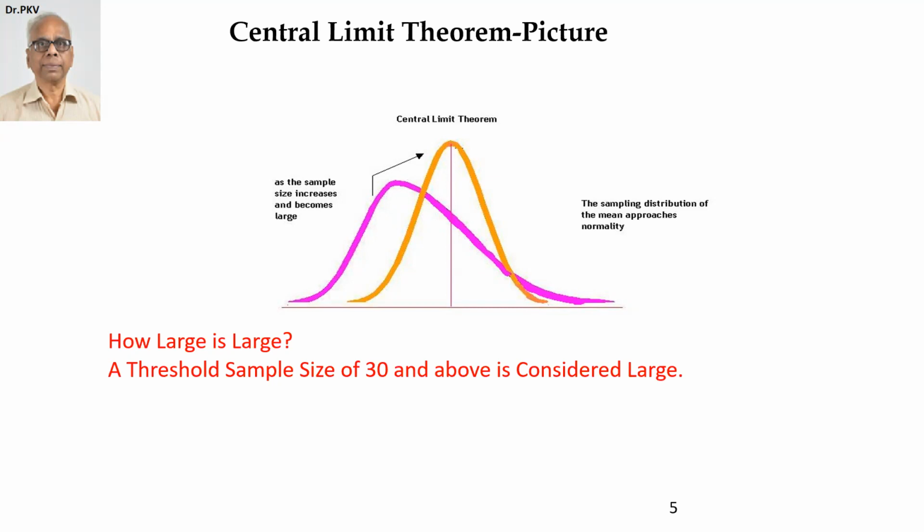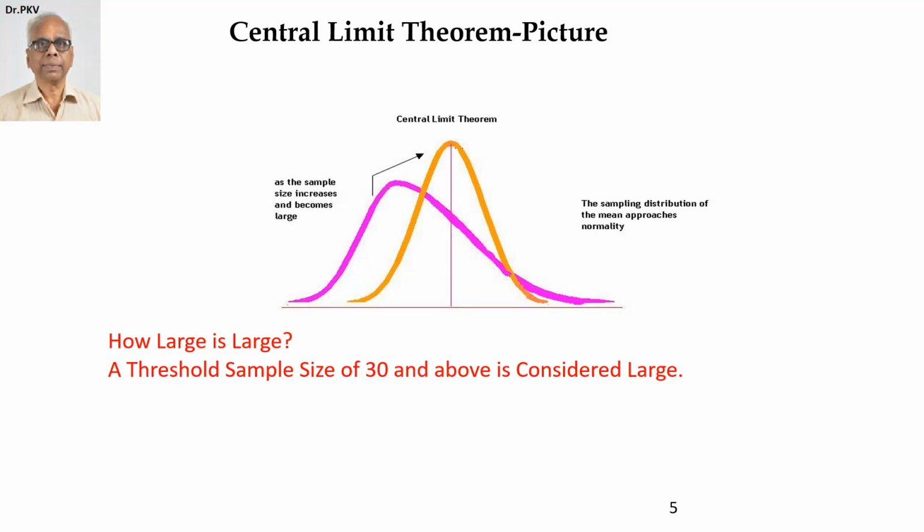Let me summarize again. Regardless of the shape of the original population, if I take a random sample of size n from any population, which may not be normal, whatever be the shape, and if I keep on drawing a random sample of size n, and if I keep on computing x bar, then the distribution of x bar will be a Gaussian normal curve as the sample size becomes large.